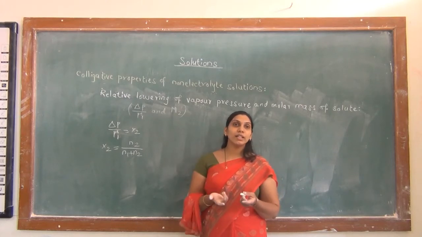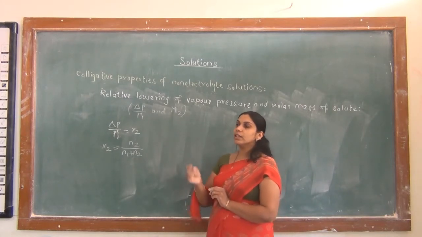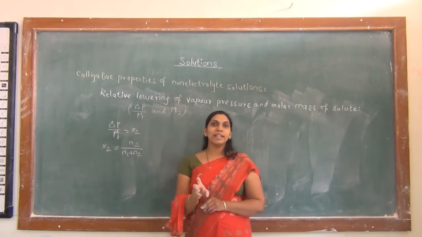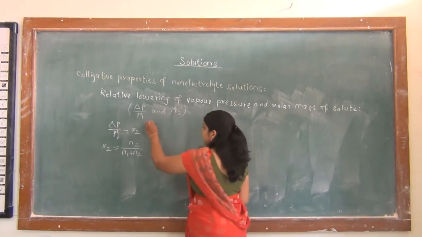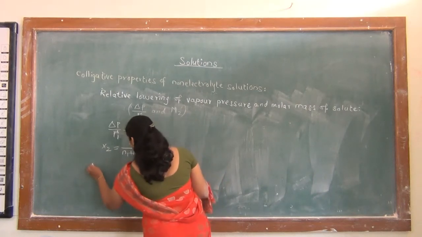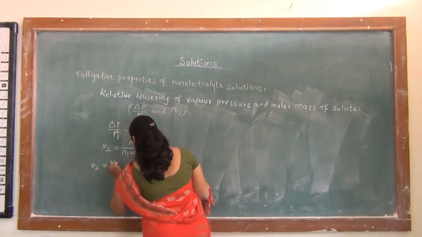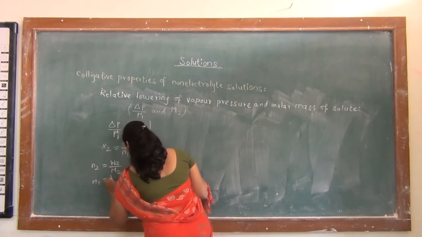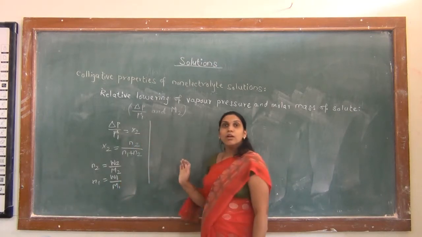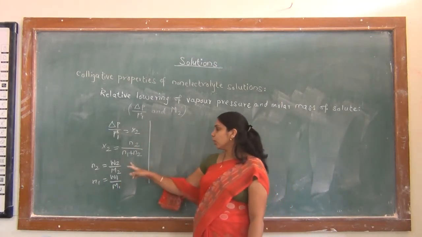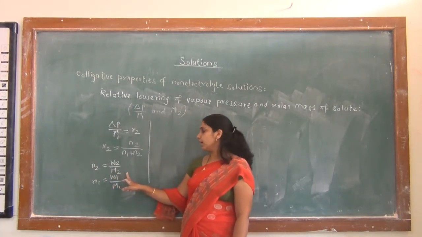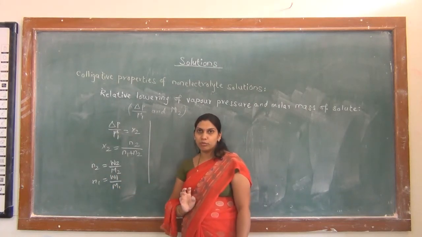Now, what are n1 and n2? n1 and n2 are the number of moles of solvent and solute. So we will write the formula for n2 and n1. For n2 the formula obtained is W2 upon M2, and for n1 the formula is W1 upon M1.